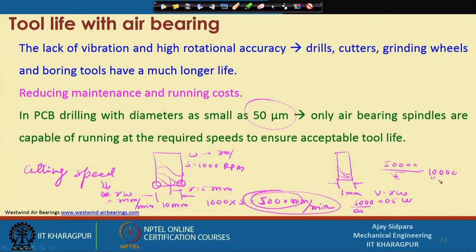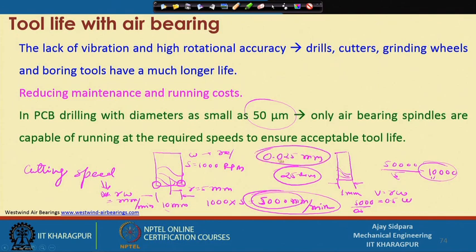So, now you can see that if you are reducing your diameter, to maintain one particular cutting speed, what you have to do? You have to increase the RPM. So, consider that instead of 1 millimeter you are working with 50 micron diameter. So, you are talking about 25 micron radius, which means 0.025 mm.